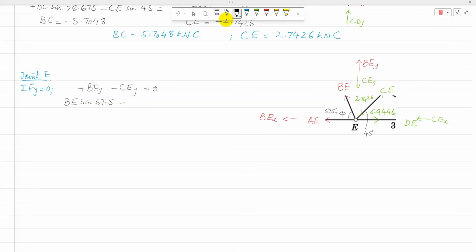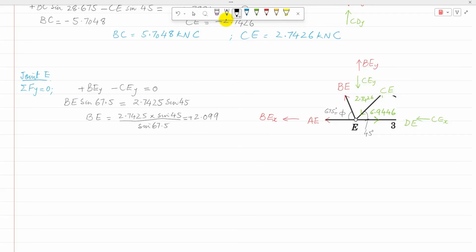CE we already know is 2.7425, and it is making an angle theta of 45 with the horizontal. So it will have a vertical component as sine 45. Then BE can be calculated as plus 2.099.